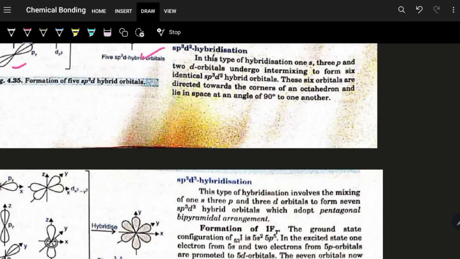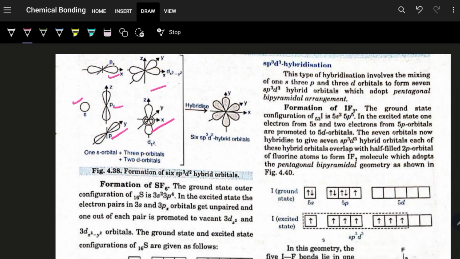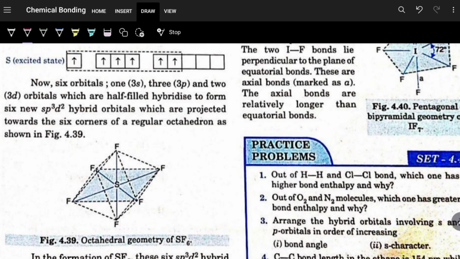In sp3d2, it's octahedral geometry. You can see s, p3 and d2, dz square and dx square minus y square. Now again, keep in mind, in octahedral geometry, it is like this. Now the equatorial bonds are less stable because the bond angle has decreased, and so they experience greater repulsion. More stable are your axial bonds.